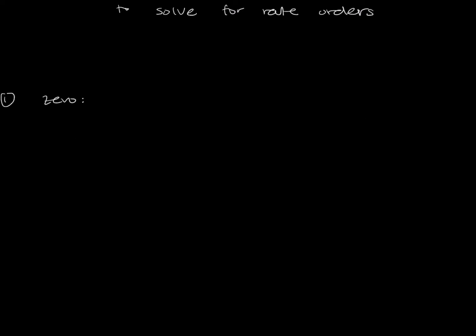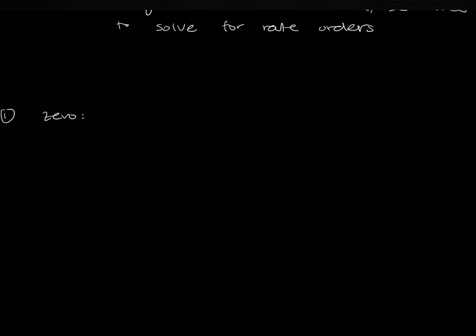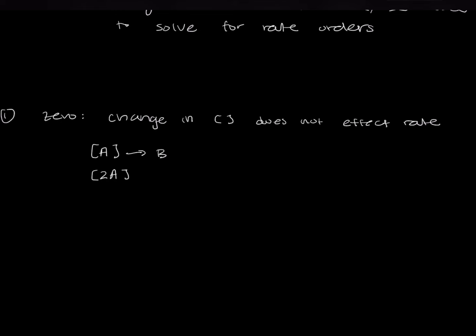Okay, so if we have a zero order reaction, that means change in concentration does not affect the rate. So let's say we have molecule A going to molecule B. And this is just a very simple reaction. So say we increase the concentration of A. It was originally just A, and say that this is first, second.